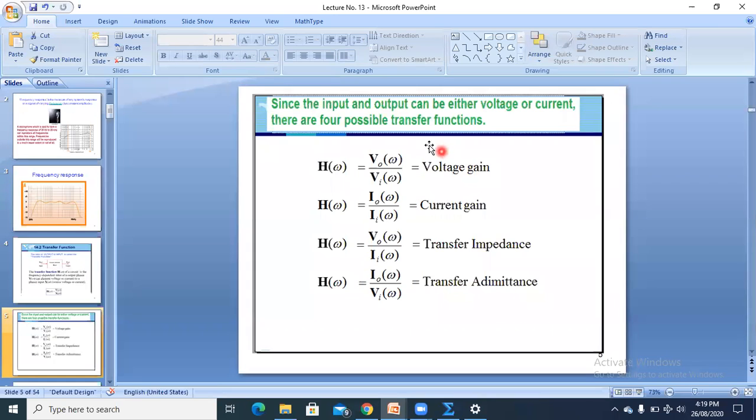So these are the four possible forms of the transfer functions, and later we will see how we can elaborate it in the form of power as well.